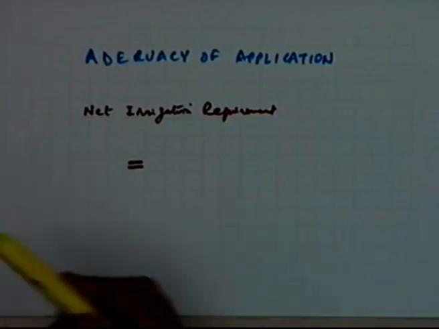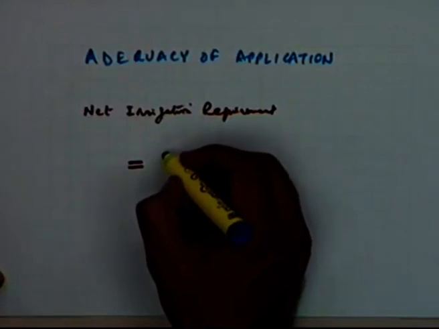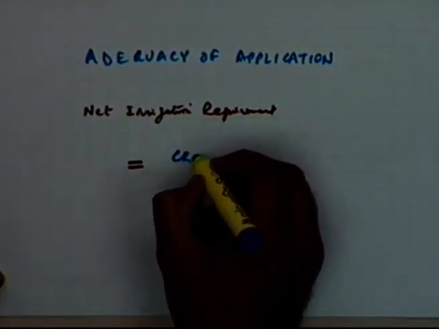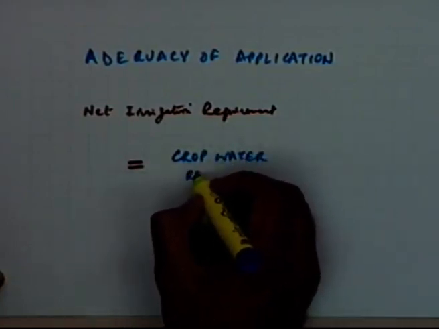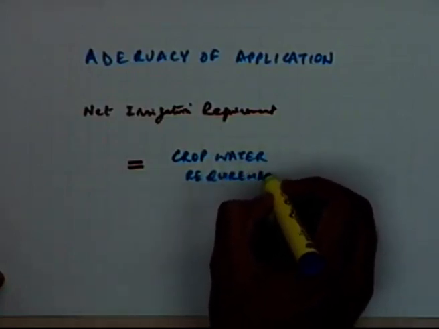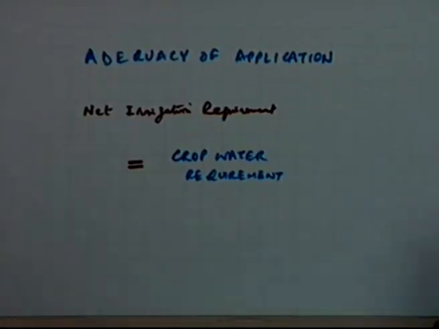Net irrigation requirement is basically the difference between crop water requirement, we have seen this in detail, that why we are irrigating is to take care of the crop water requirement.